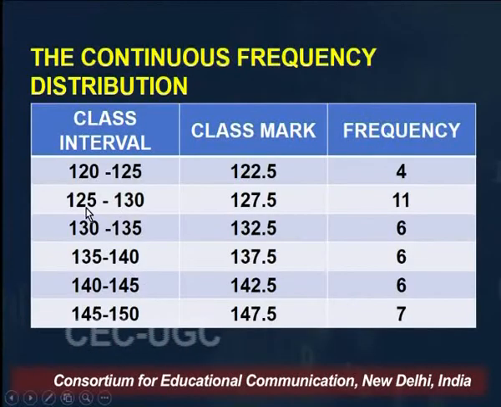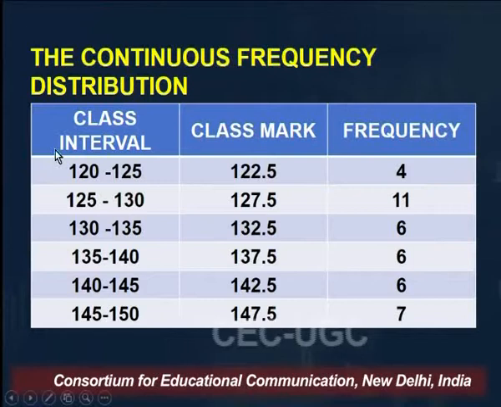That means we will locate the class mark of 115 to 120 and put the frequency as 0, and we will locate the class mark of the one interval after the last interval which we had in our distribution, which is 155 to 160, and put the corresponding frequency as 0.